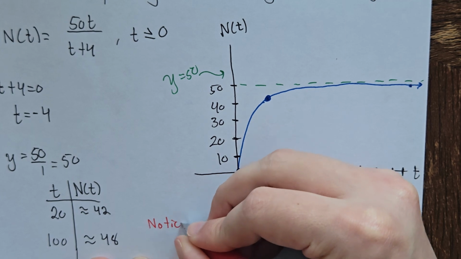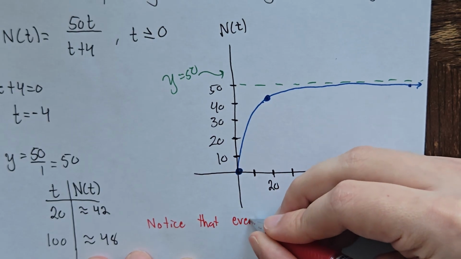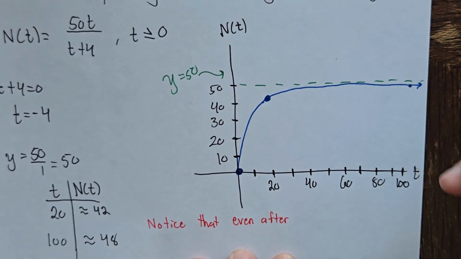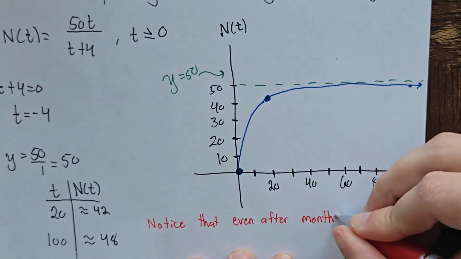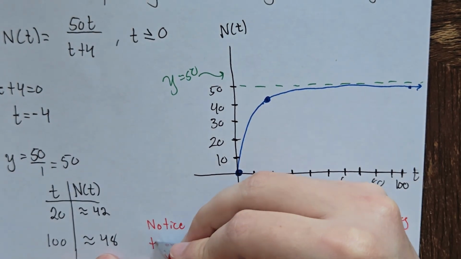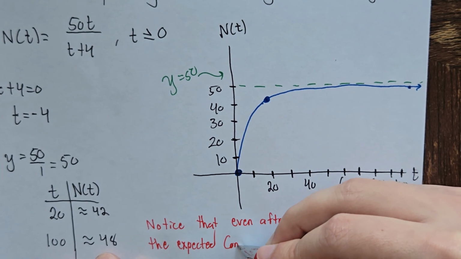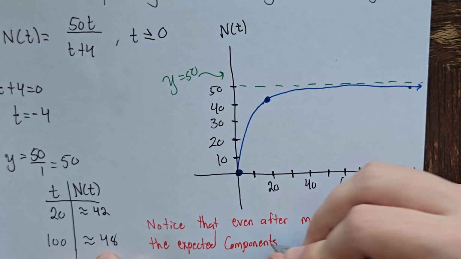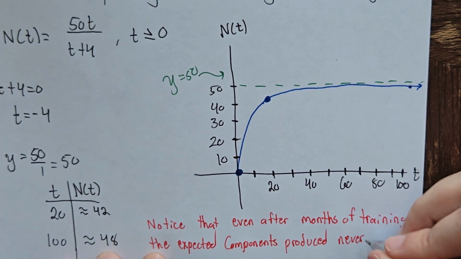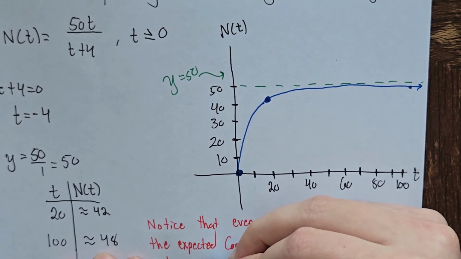Notice that even after, we could say, months of training, the expected components produced never goes above 50.